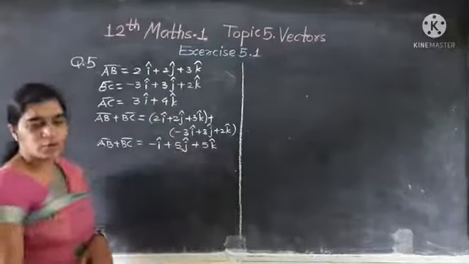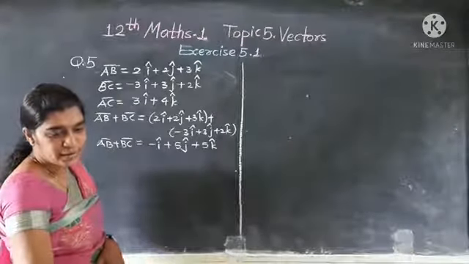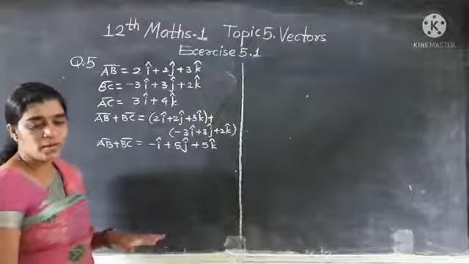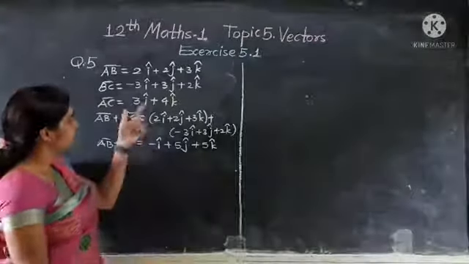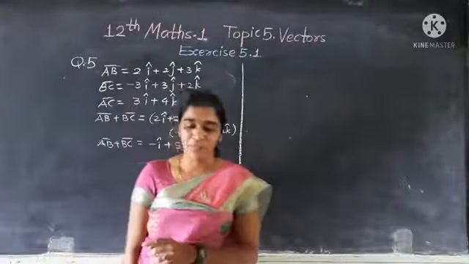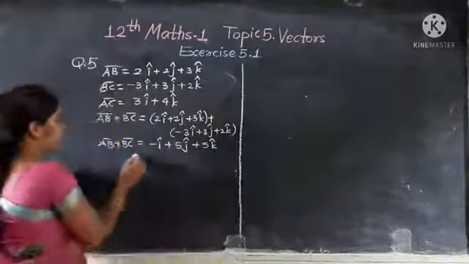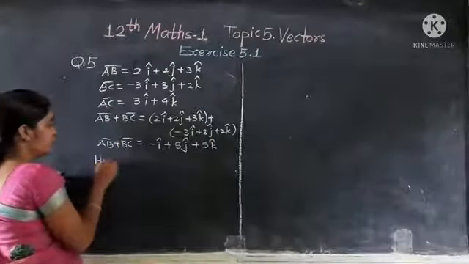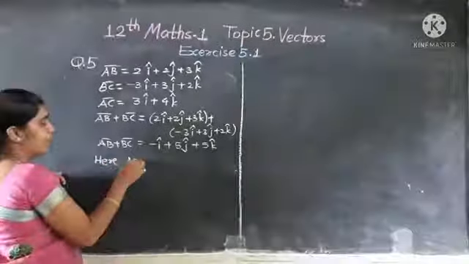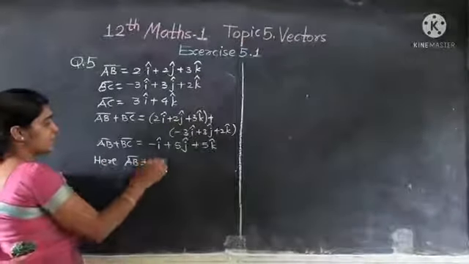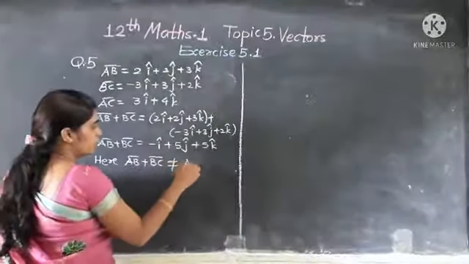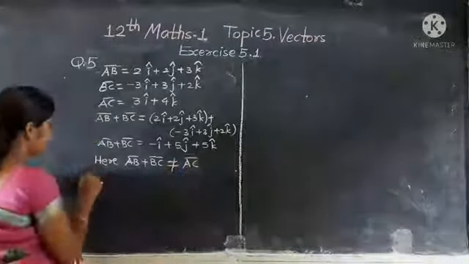See here, it is not equal to AC bar. Here the three vectors do not form a triangle because AC bar is 3i cap plus 4k cap. Here we say that AB bar plus BC bar is not equal to AC bar.